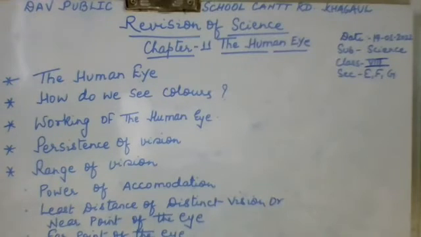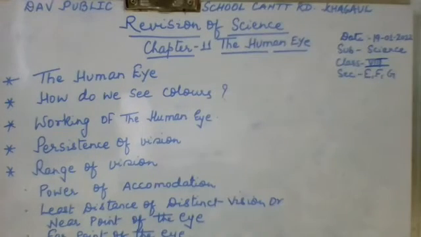Because, look, the power of accommodation is necessary because there is variation in visibility in every person. Each person has their own visibility. Although it may be in the range for a normal eye, suppose the least distinct distance is 25 centimeter, but some can read it at 23 centimeter only, 26 centimeter only, 24 centimeter only.